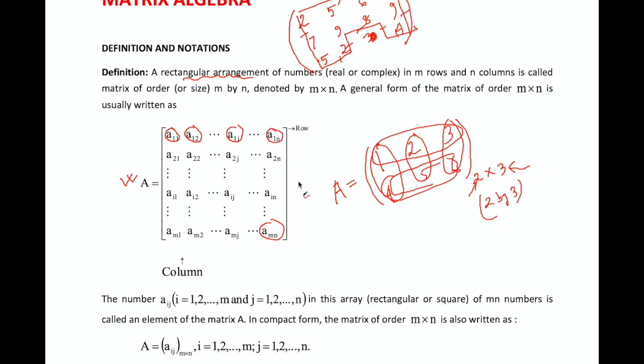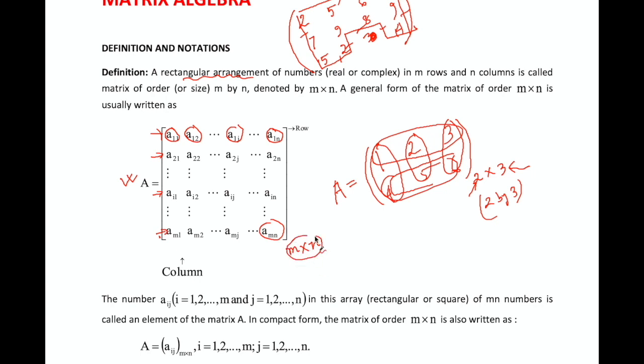So there are n columns, and how many rows? 1, 2, ith row is this one. This is the second row, this is the first row, and this is the mth row. So I need to put m here.